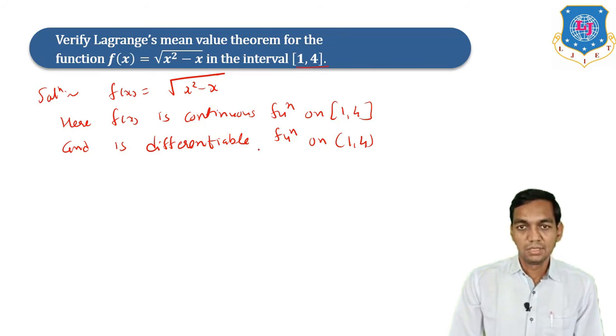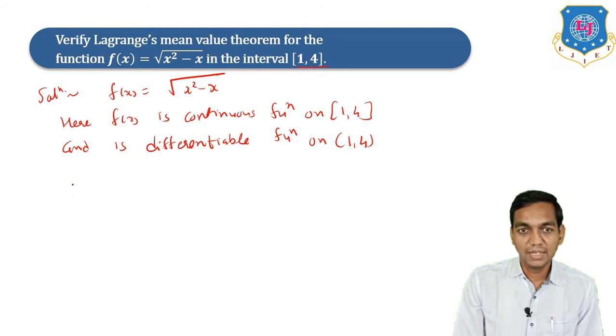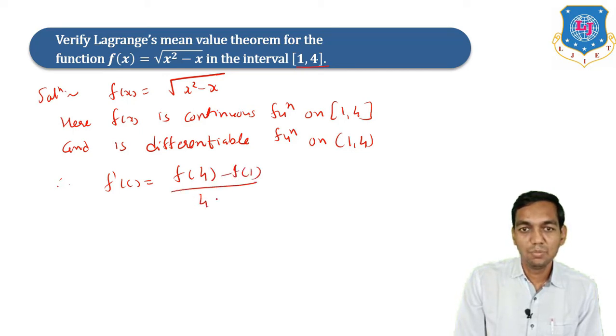Done? Now, the first thing you have to find out is f dash c, and therefore f dash c is equal to f(b) minus f(a), that means f(4) minus f(1) upon b minus a, that means 4 minus 1.